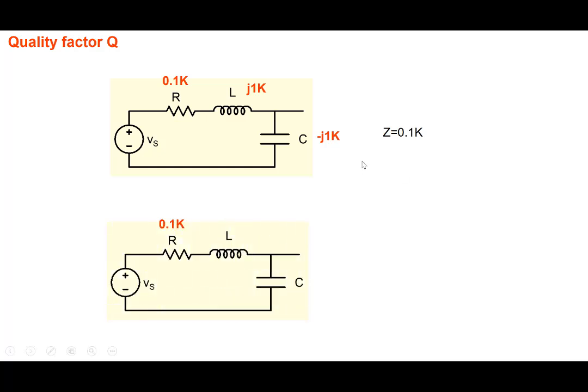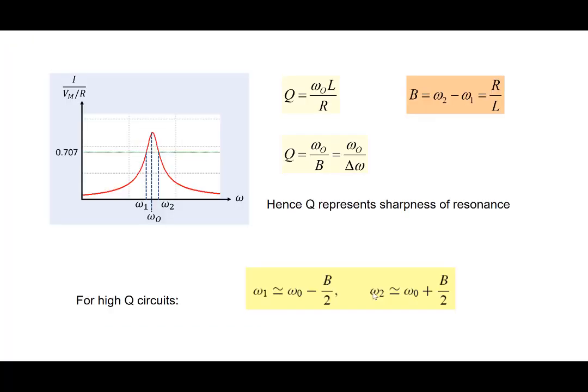Okay, so this is a summary of what quality factor is and what the implications of high values of Q are. Right, so Q equals omega naught L by R. Q is also omega naught by del omega, the bandwidth here.